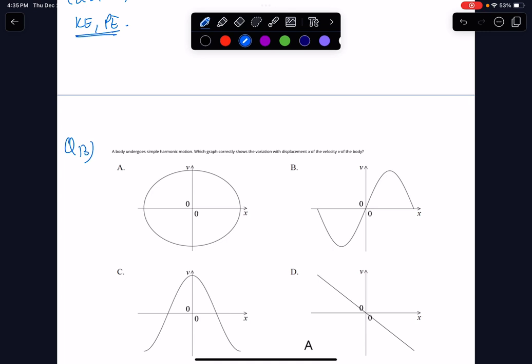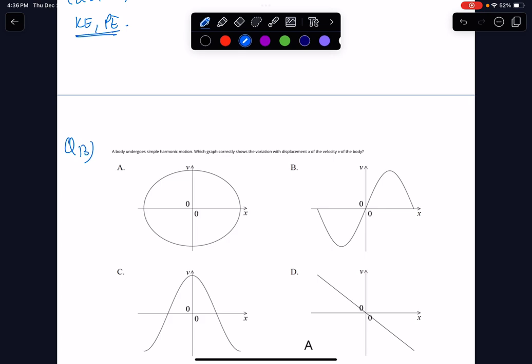Now let's look at this example over here. In this case, a body undergoes one oscillation of simple harmonic motion. A body undergoes simple harmonic motion. Which graph correctly shows the variation with displacement x of the velocity v of the body?